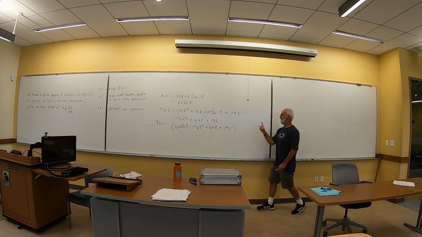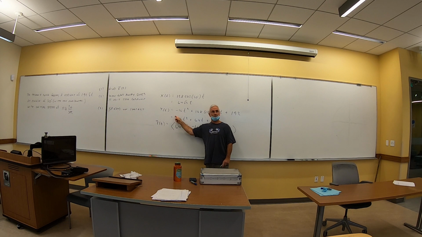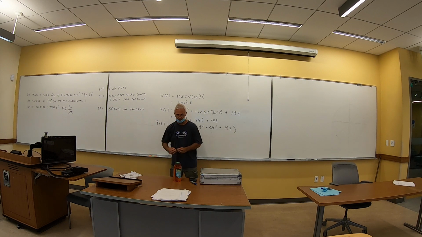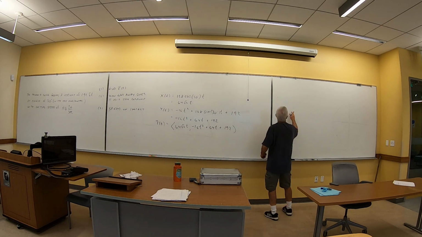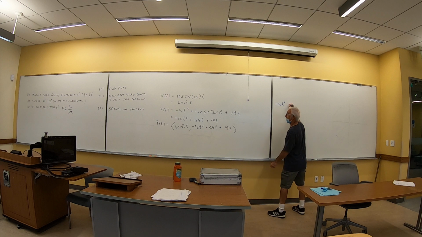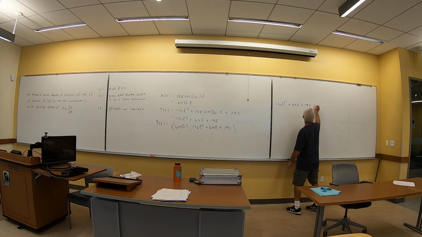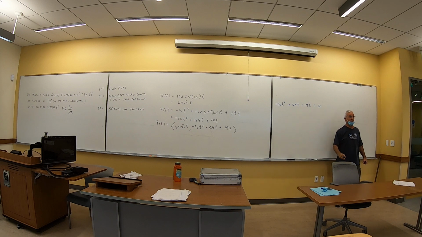So how do I find that? Set y of t equal to 0 and solve. Because it's only going to be a quadratic, that's generally not going to be a challenging thing. So the second question means I need to do this: negative 16t squared plus 64t plus 192. I need to figure out at what time that is 0.